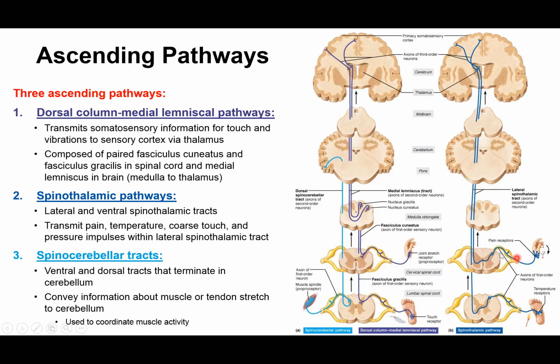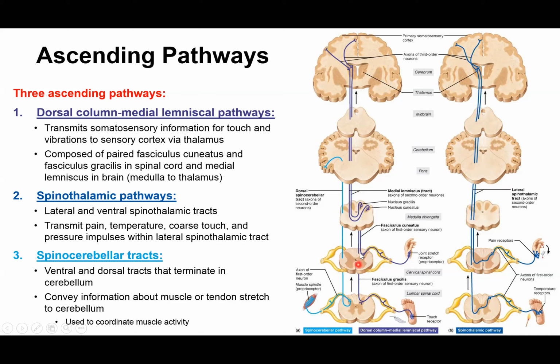So if we're talking about the hand, it's going to enter up towards the thoracic region. If we're talking about the foot, then this is going to be maybe in the lumbar region. And immediately, as it synapses on its second order neuron, the second order neuron is going to be the one that's doing the decussation, the crossing over to the opposite side of the central nervous system. When we compare this with the dorsal column pathway, we notice that in the dorsal column pathway, the sensation might actually travel up a bit first.